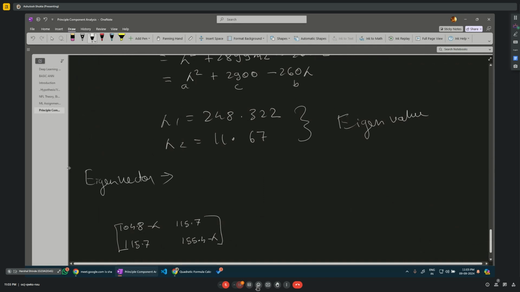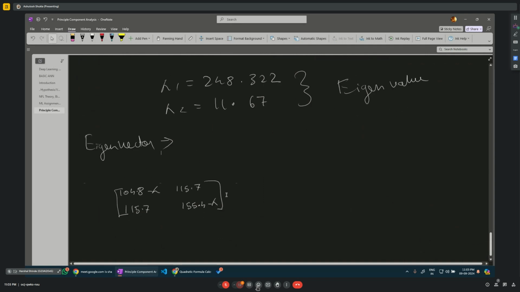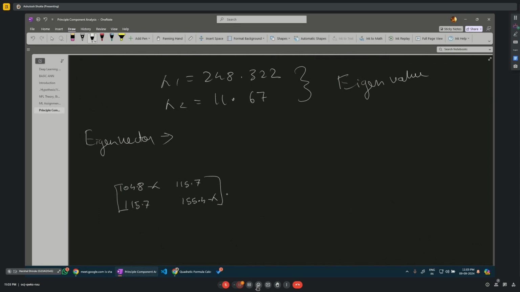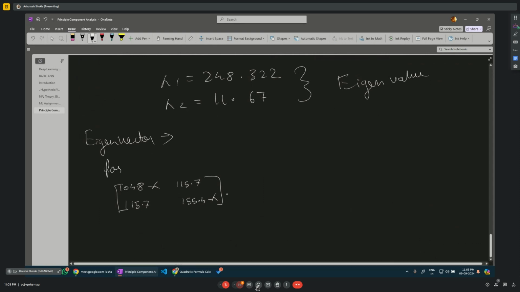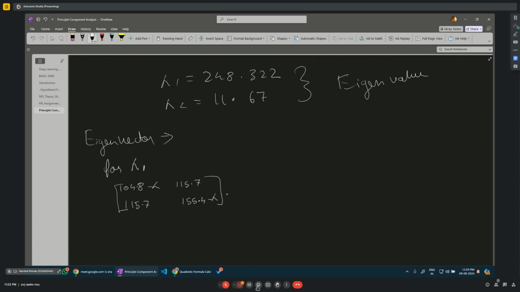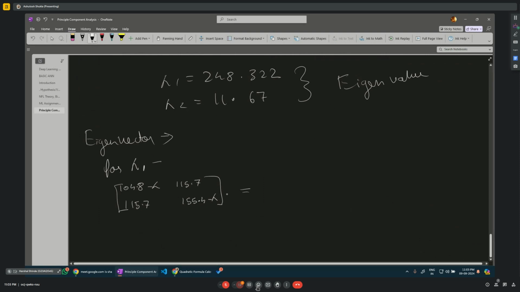For the eigenvector, we use these values of lambda 1 and lambda 2. First, let's make it for lambda 1. We take the value of lambda 1 and apply it in both of these, like this lambda and this lambda, we just replace it with that. So lambda 1 equals 248.32.